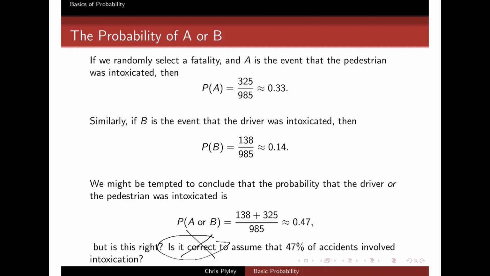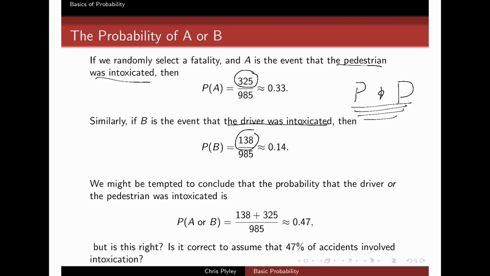And here's the real reason. These 325 accidents include every time a pedestrian was drunk. And these 138 include every time a driver was drunk. But what if both the pedestrian and the driver were drunk? What if both of them were intoxicated during an accident? Then, when I attempted to count this number on the top, don't just add things without understanding what you're adding.